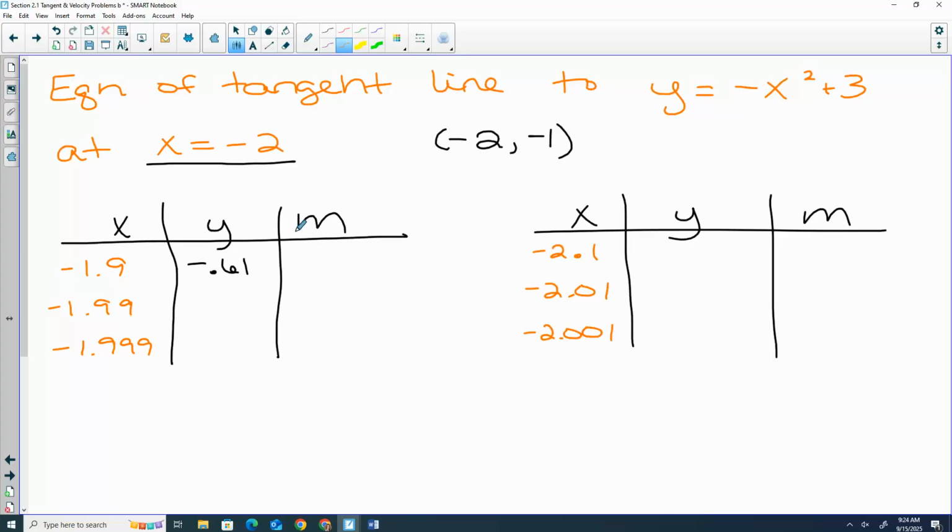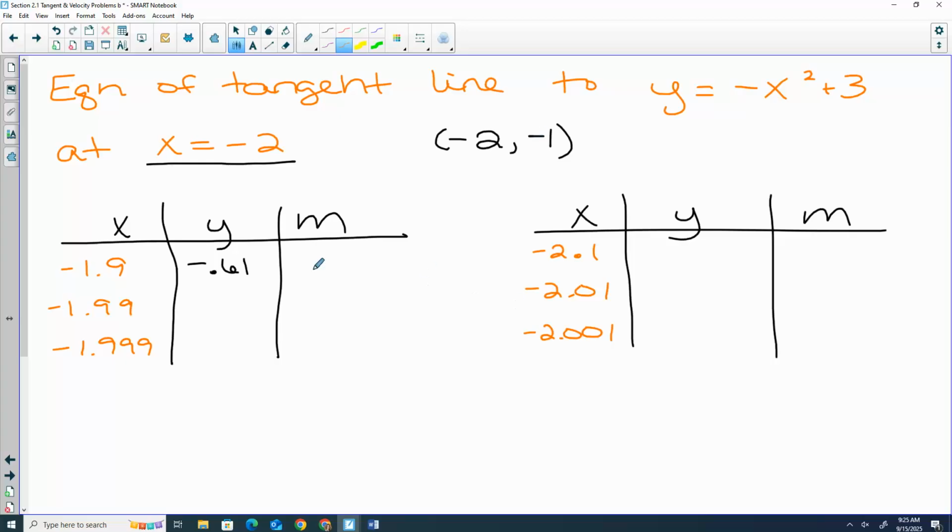So if we did our slope from that, my y2, negative 0.61, minus my y1, negative 1, over x2, negative 1.9, minus x1, negative 1.9 minus negative 2.